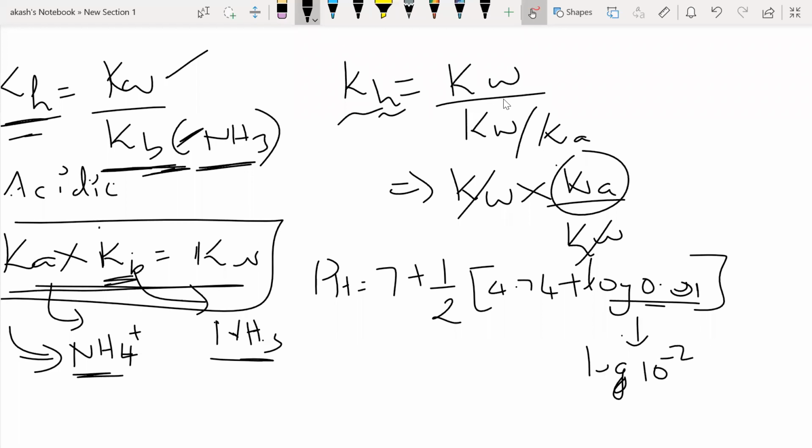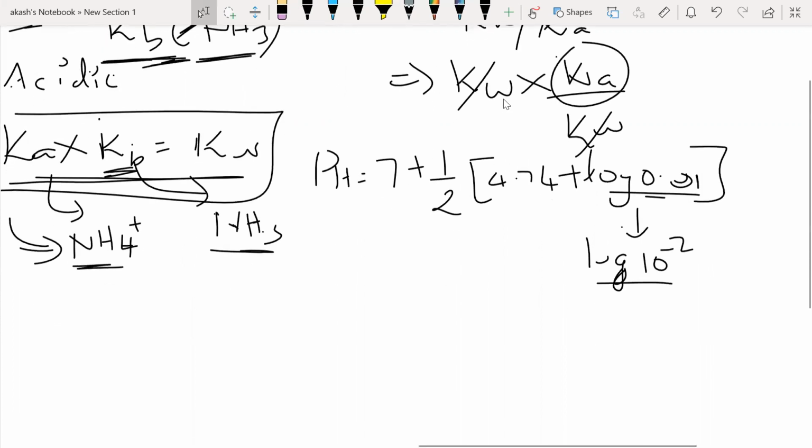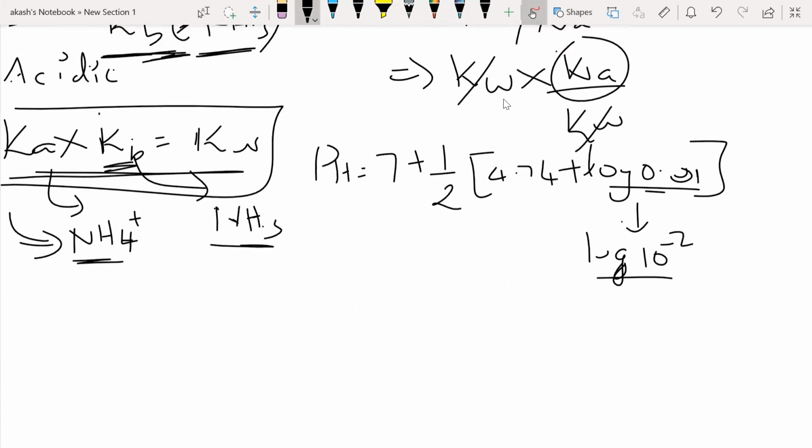Now, how can I write this? You know how the log works with powers, right? I can write it as minus 2 log 10. Hope you remember the powers can be brought to the front.